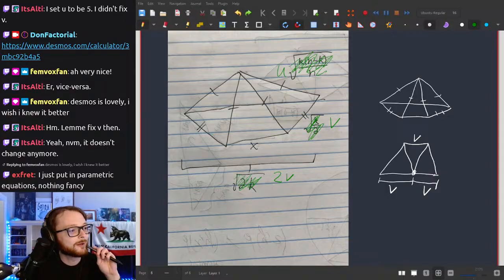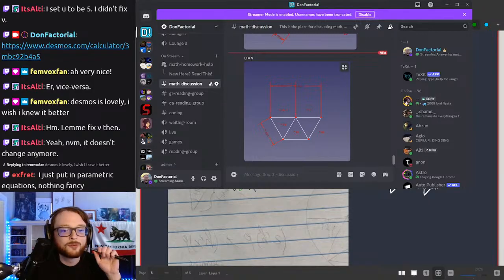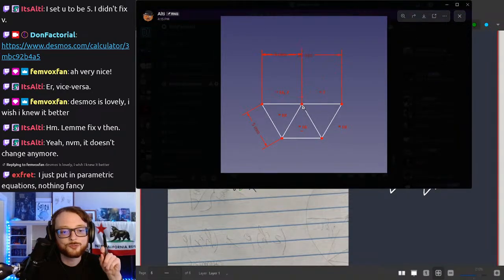Oh, Alti just did the case if U equals V. It goes all the way through. Interesting.